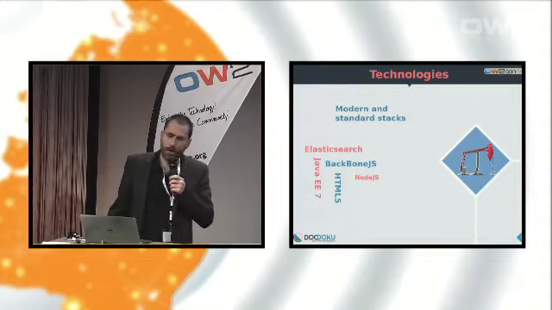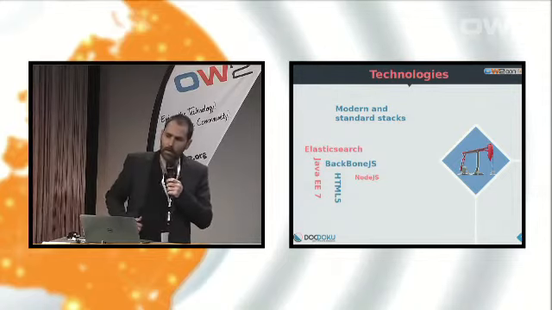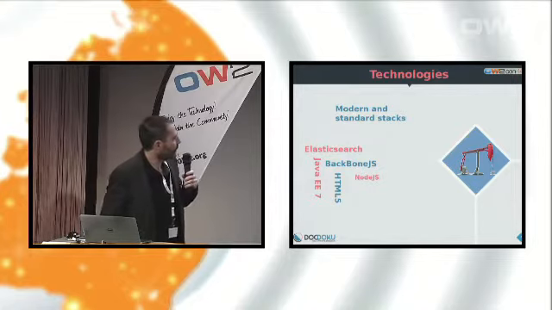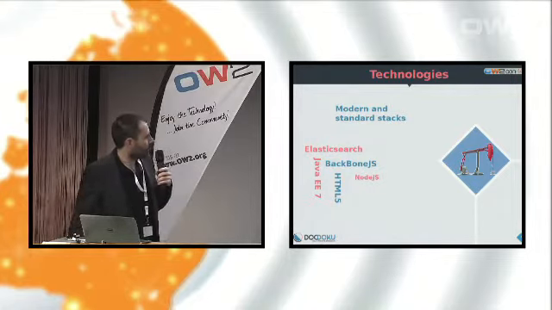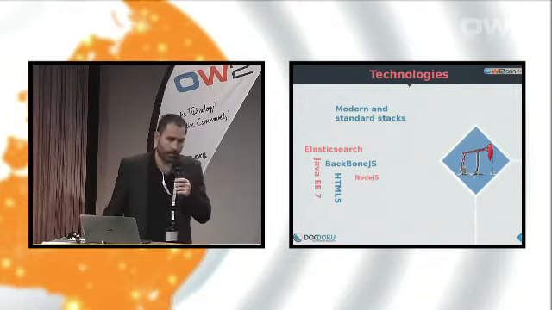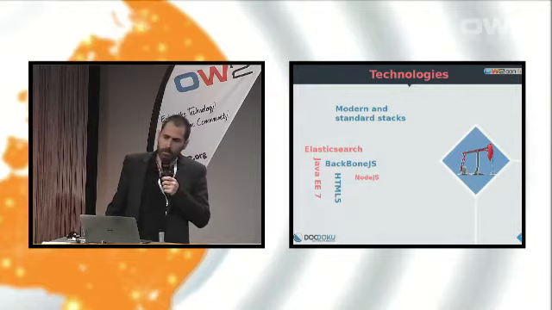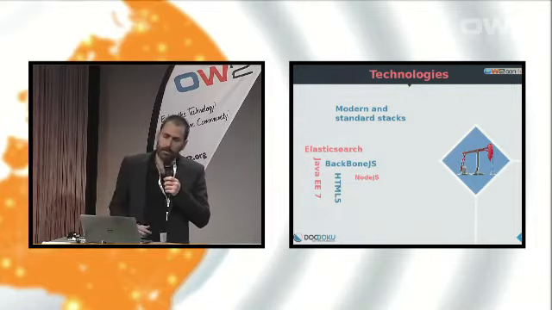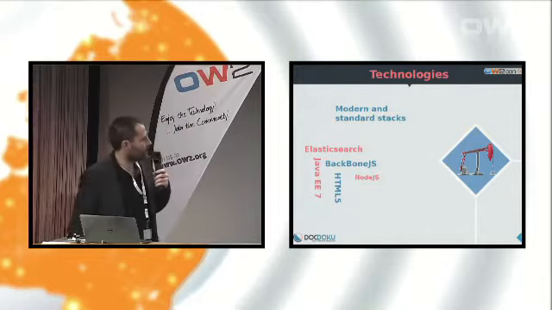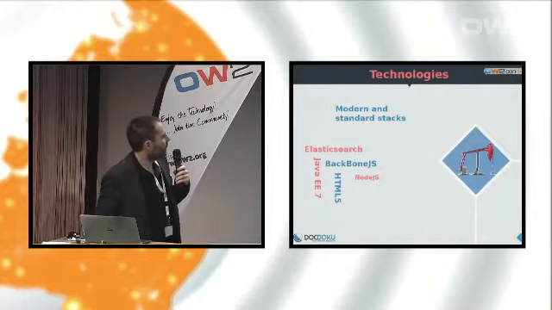We also use Angular, but most of the front end is developed in Backbone.js. We also have Node.js on the server. Actually, we use Node.js in two different ways. We use Node.js on the server side. I will explain in details later.